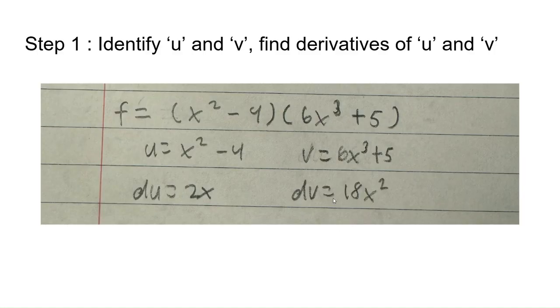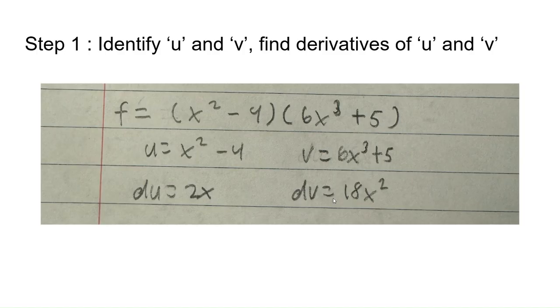So our first step into finding the derivative of this equation, we would have to identify the u and v and then find the derivatives of our u and v. So in our case, our u, which would be our first factor, is x squared minus 4.